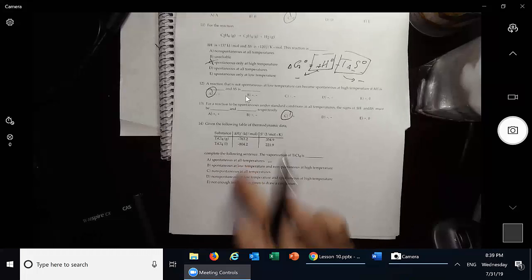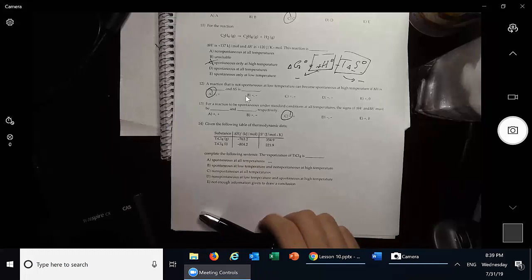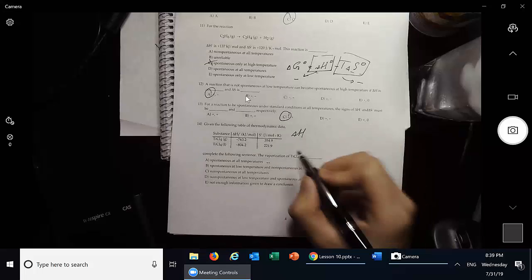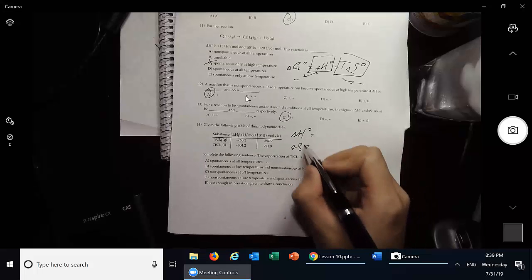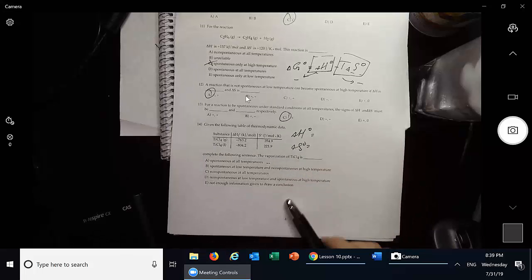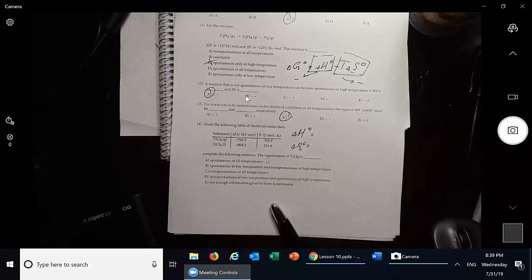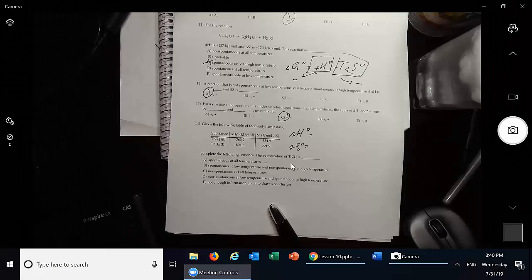Can we do 14? You need to calculate delta H and delta S, and then from that, you can make judgments on the spontaneity. Actually, 14 doesn't require any calculation, really.